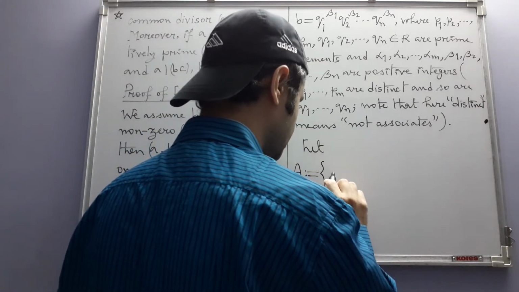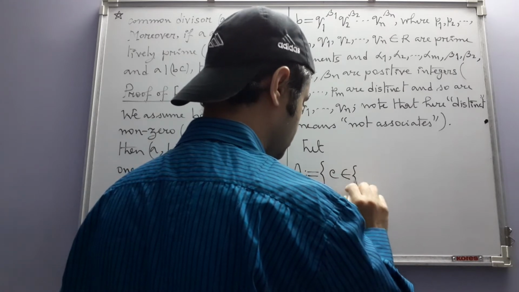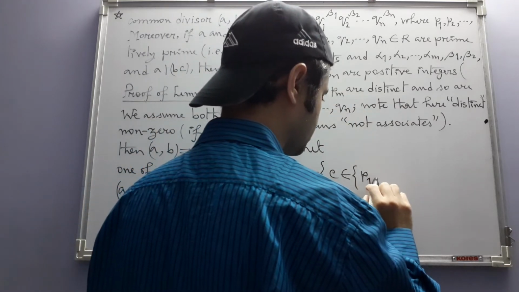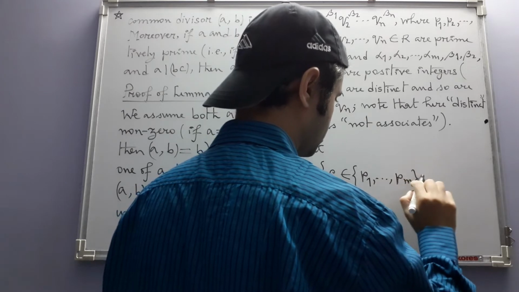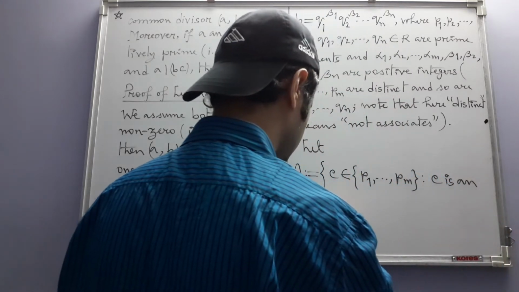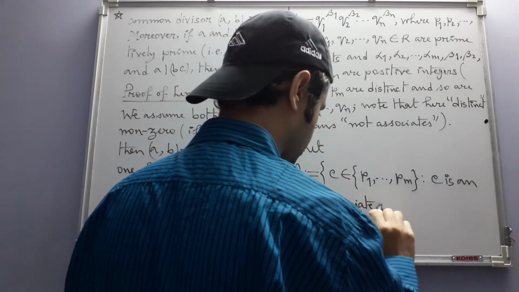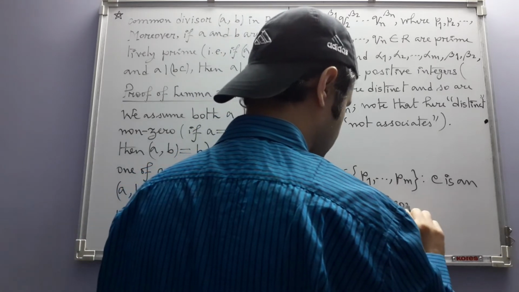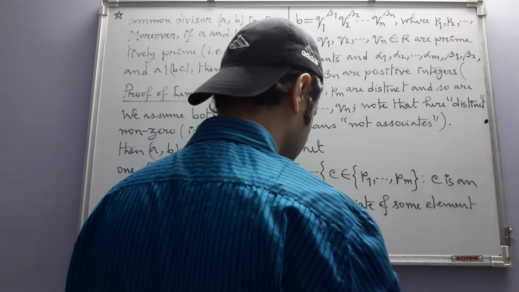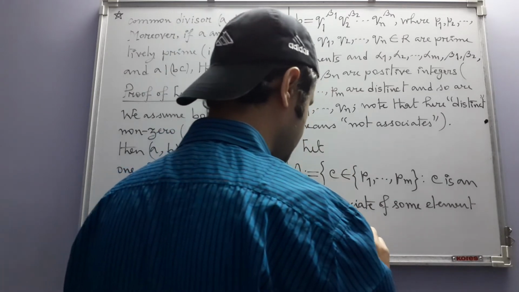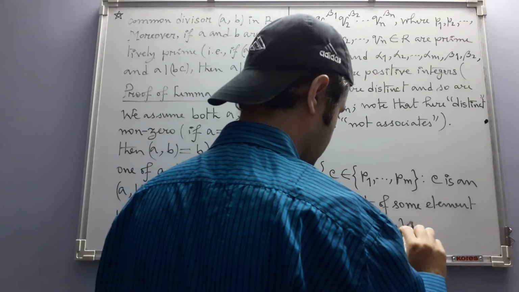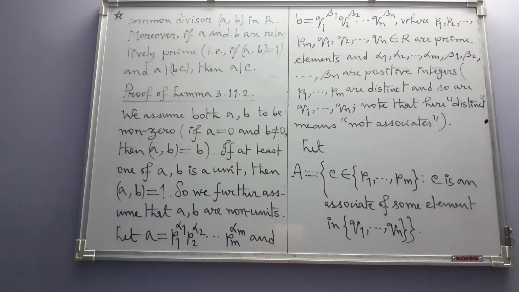Let A be the set of those c belonging to this list of prime elements such that c is an associate of some element in the other list of primes. So this is my set A.